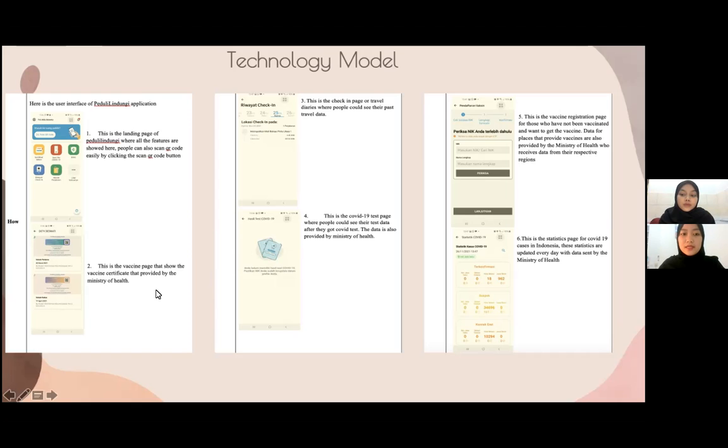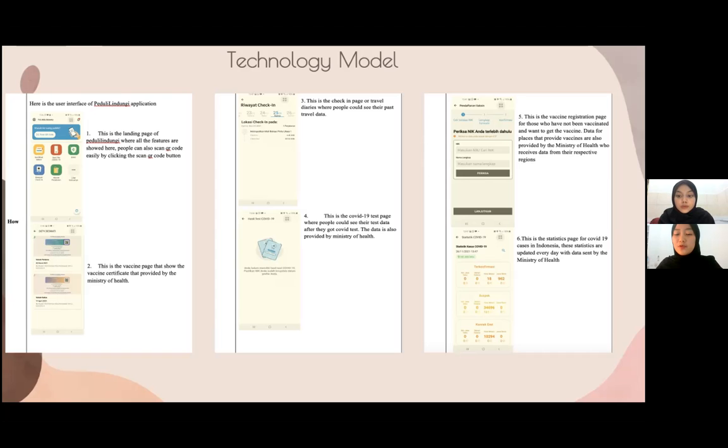The third one is the check-in page or travel diaries where people can see their past travel data. The fourth is the COVID-19 test page where people can see their test data after they got a COVID test. And the data is also provided by the Ministry of Health. The fifth one is the vaccine registration page for those who have not been vaccinated and want to get the vaccine.